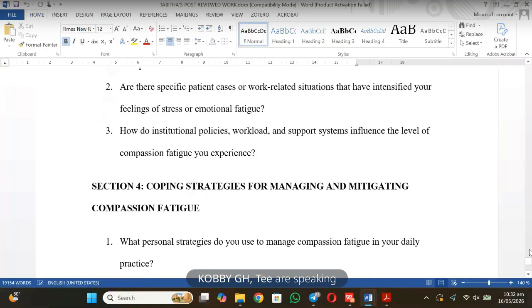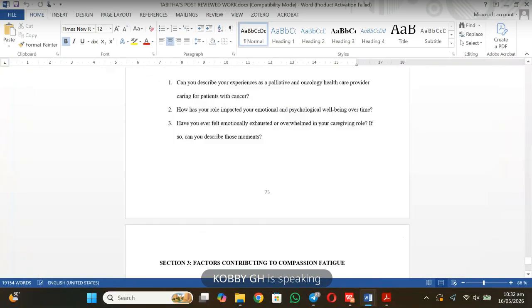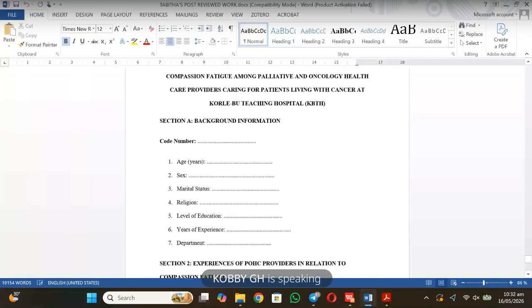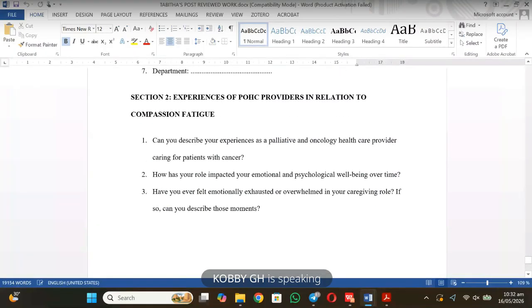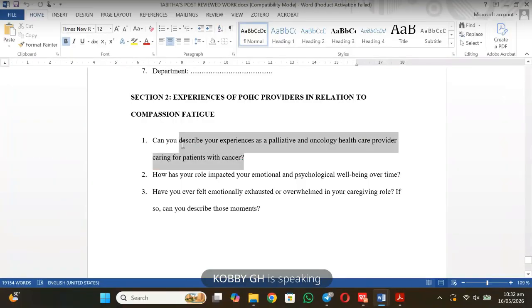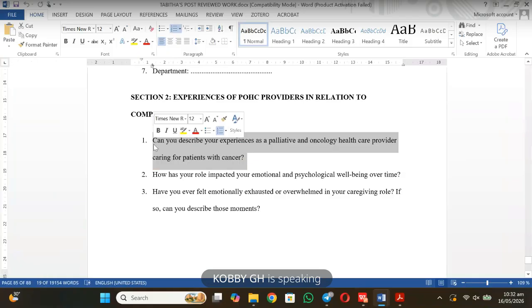So look at it. This is what we call interview guide. Look at how it looks. Can you see any options there for you to choose? You see the question: can you describe your experiences as a palliative and oncology healthcare provider caring for patients with cancer? Can you see any options under the question for the respondents to choose? No. No options are there.